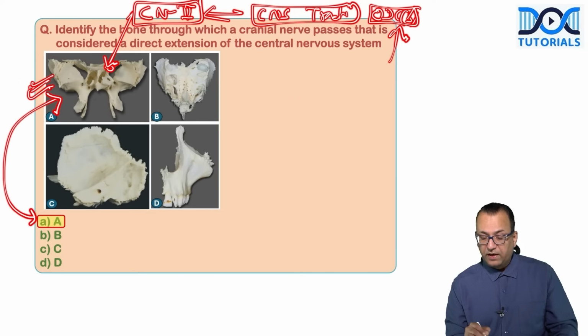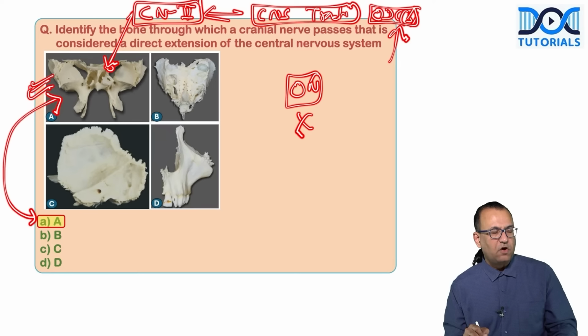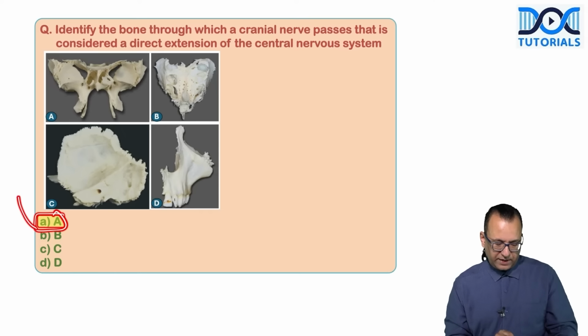And one more thing, if the optic nerve is damaged, it will never regenerate, because for regeneration you need Schwann cells. Schwann cells are present only in the periphery. All the peripheral nerves can regenerate, but not the optic nerve, because the optic nerve doesn't have Schwann cell sheaths. So once gone, it's gone. So we'll keep our answer as choice A, the sphenoid bone. The nerve is the optic nerve.